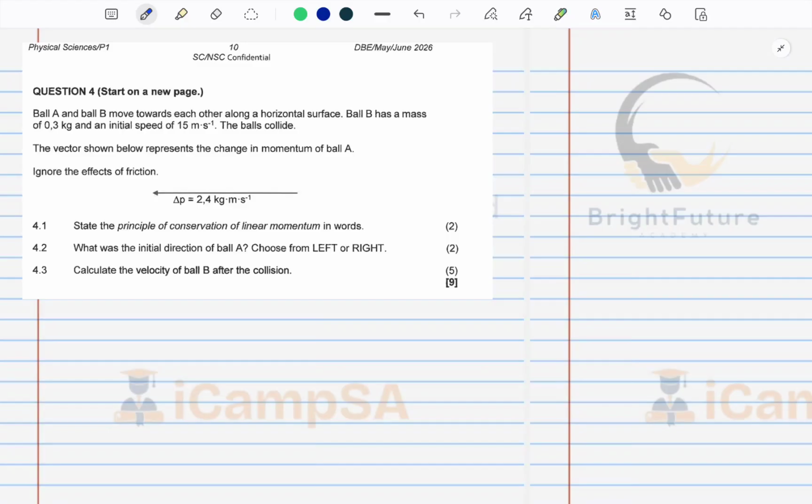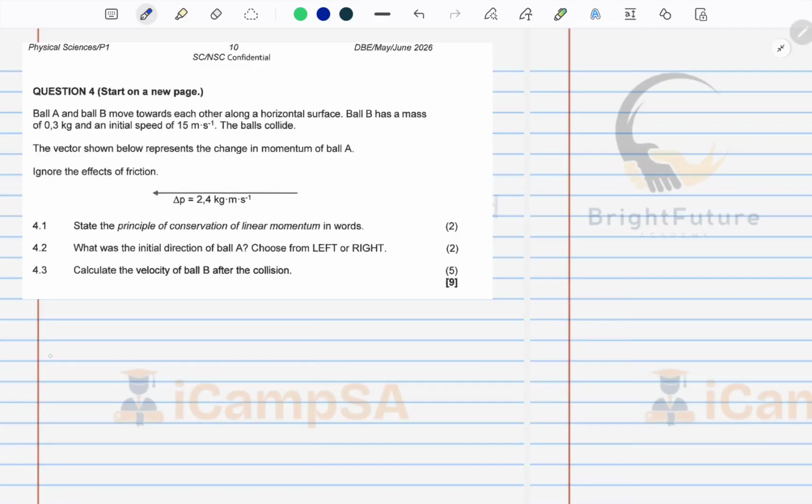Ball B has a mass of 0.3 kg and an initial speed of 15 meters per second. Then the balls collide. Here is the vector shown representing the change in momentum for ball A. Ignore effects of friction. Okay, so first question, state the principle of conservation of momentum.